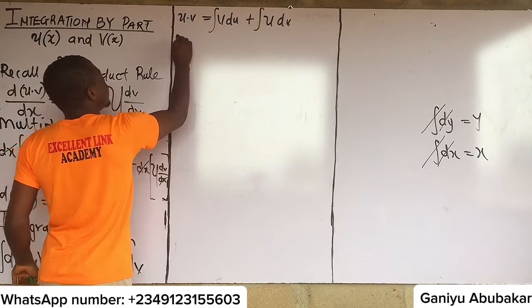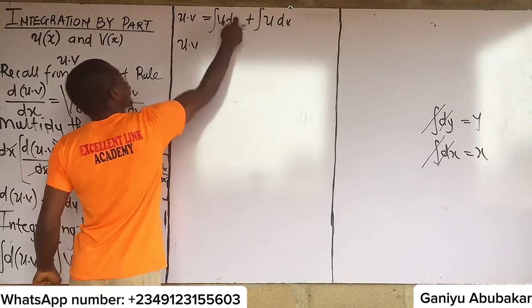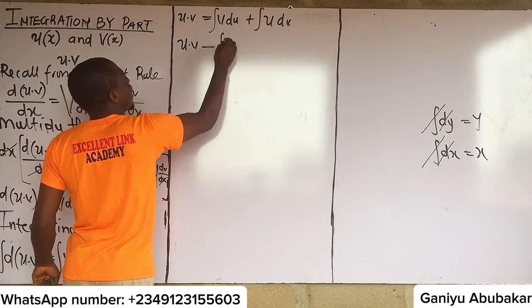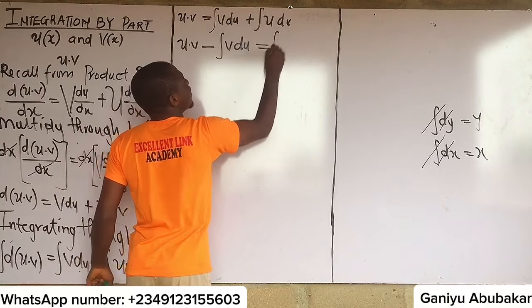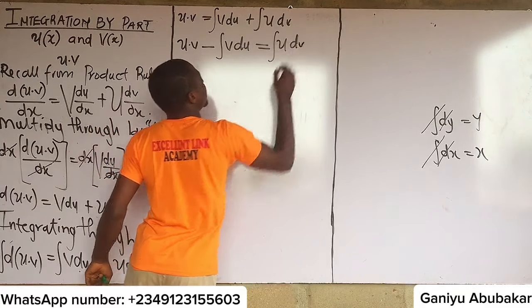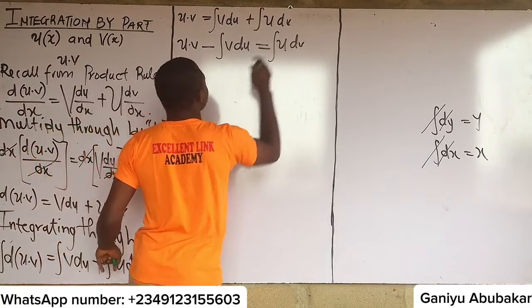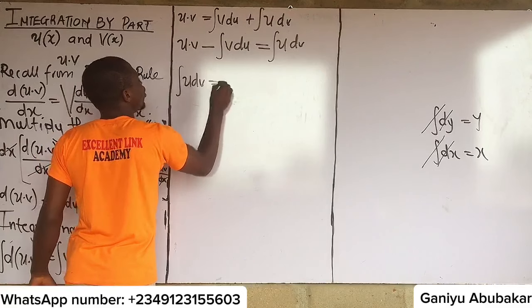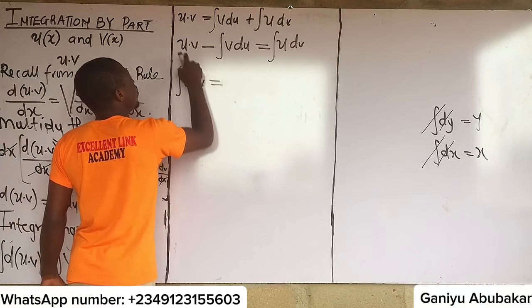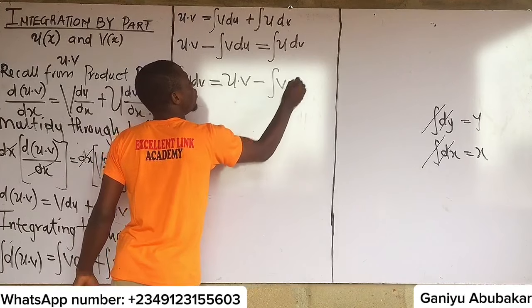So I'll have u dot v minus the integral of v du equal to the integral of u dv. At this point, I'll do some rearranging. I'll have the integral of u dv equal to u dot v minus the integral of v du.